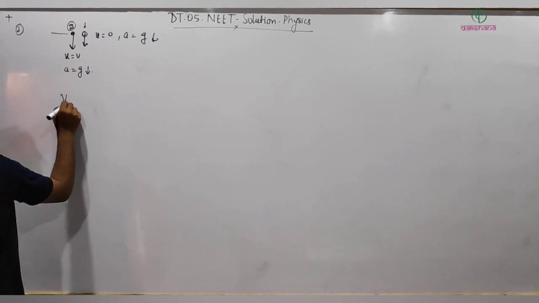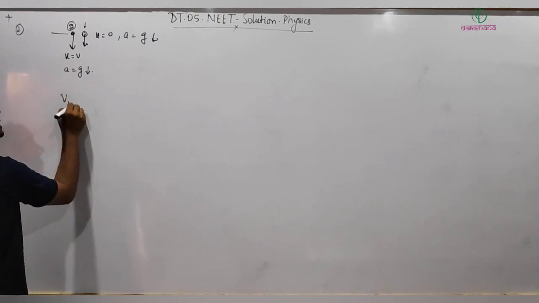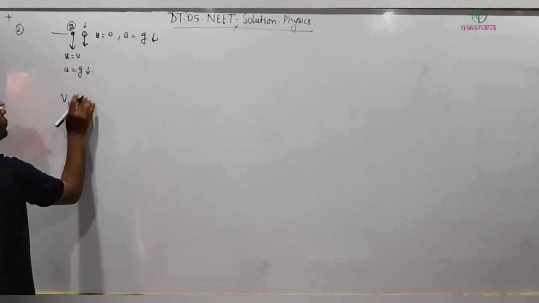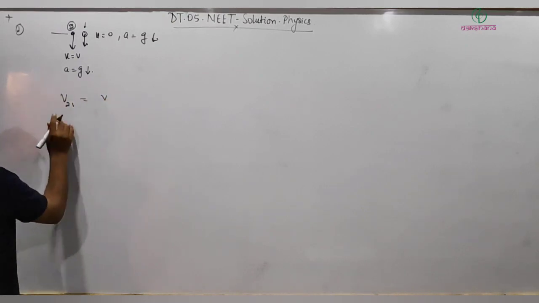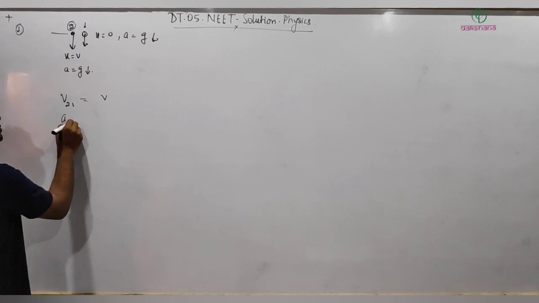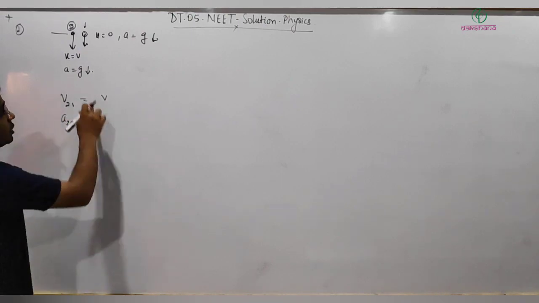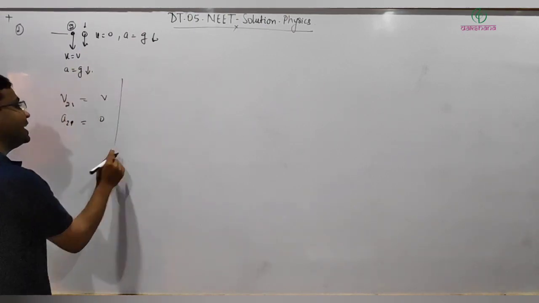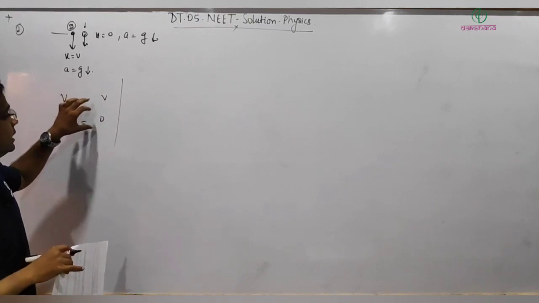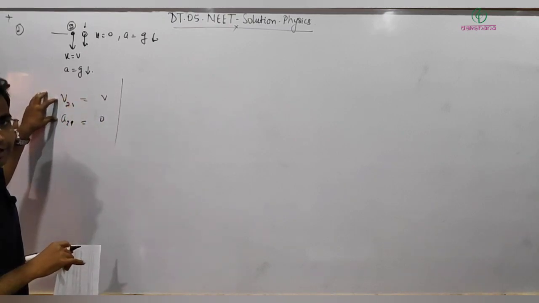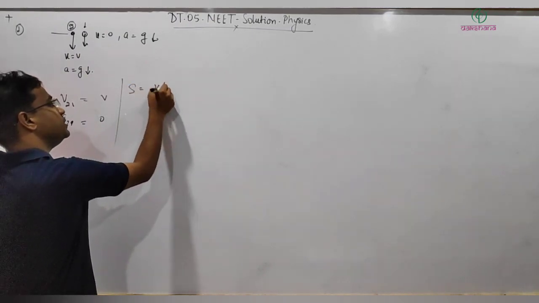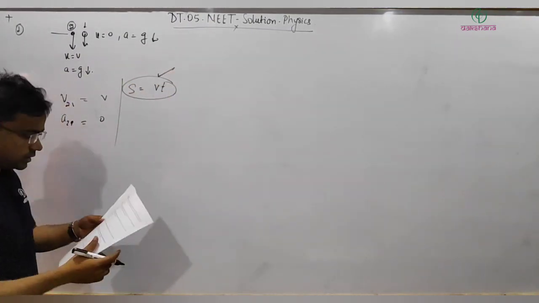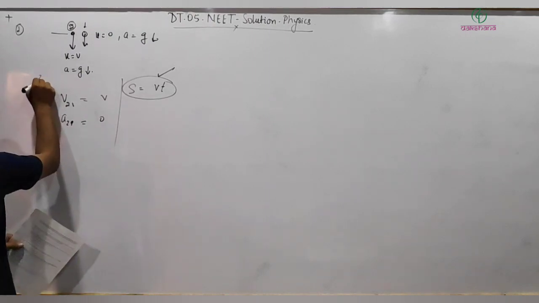The relative velocity of ball 2 with respect to 1 is simply v, and the relative acceleration is 0 because both are downward. So it's uniform motion, and the separation between them is given by v into t. This is the answer, matching option 3.